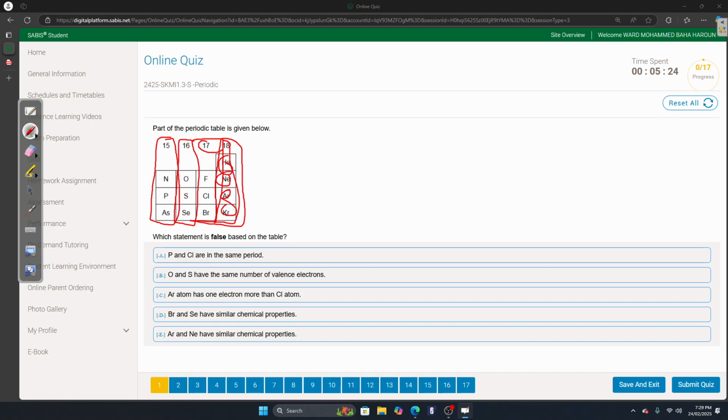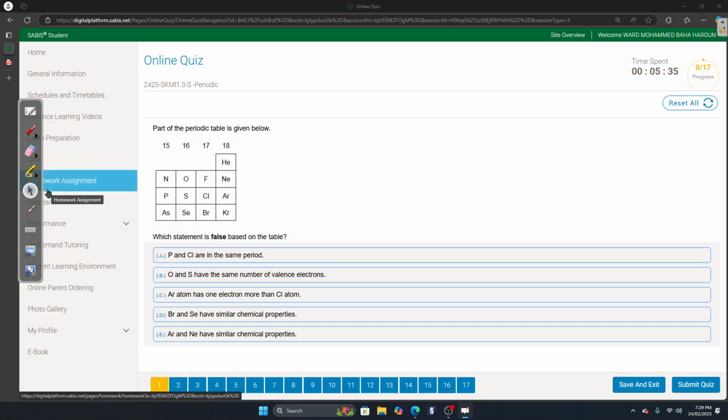The ones in group 17 have 17 electrons. The ones in group 16 have 16 electrons. And the ones in group 15 have 15 electrons. And that's also how it is for the groups below. Okay? Since you know that now, Ar has 18 electrons and Cl has 17 electrons. Does Ar have one more than Cl? Yes. So this is true.